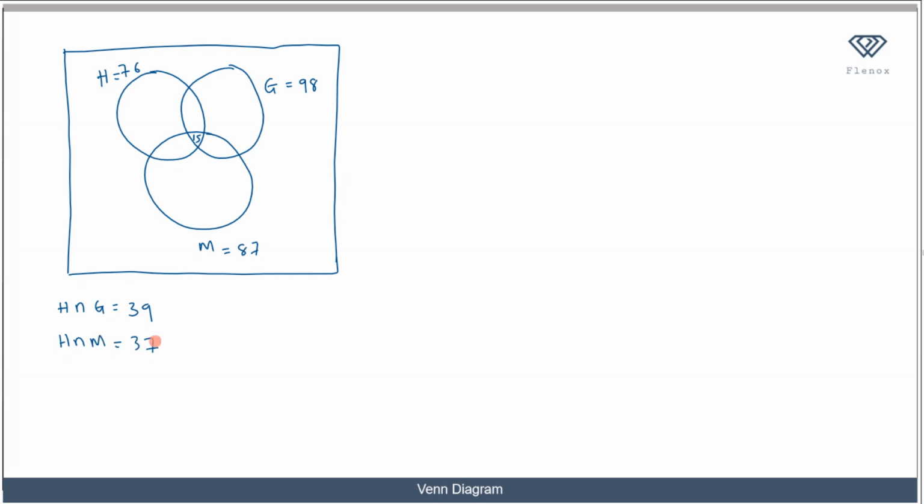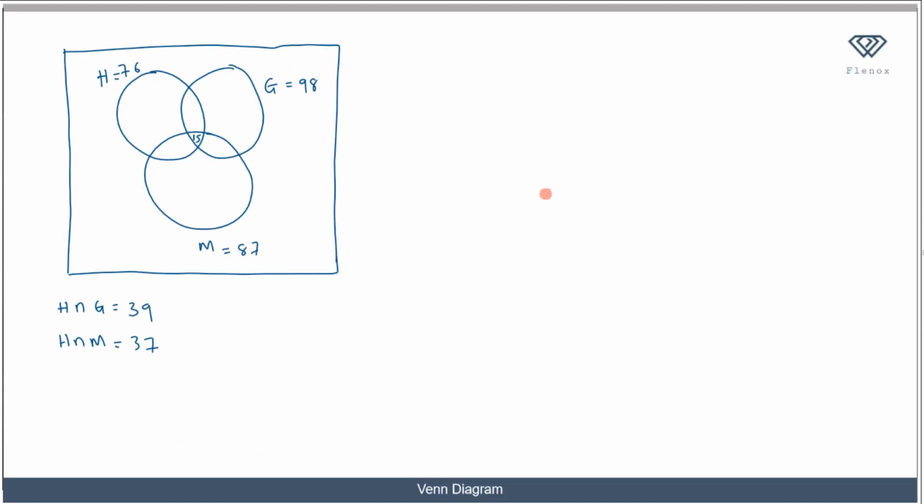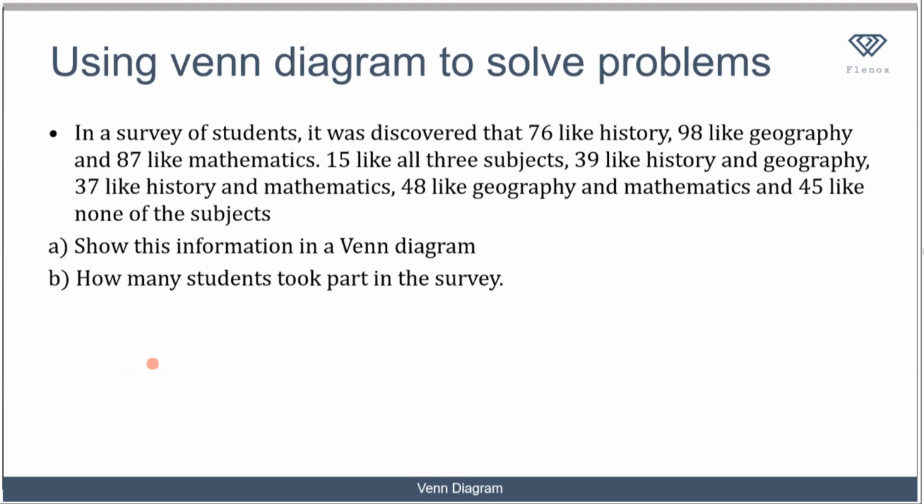And finally, we are told that 48 like geography and mathematics, so the intersection of geography and mathematics is equal to 48.